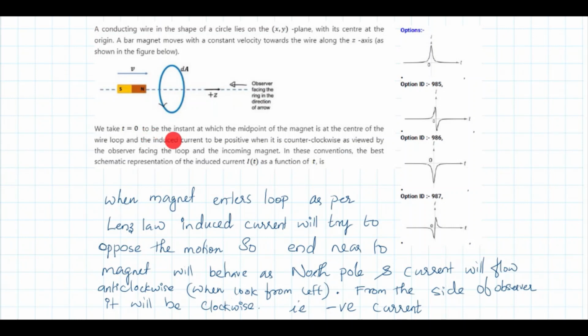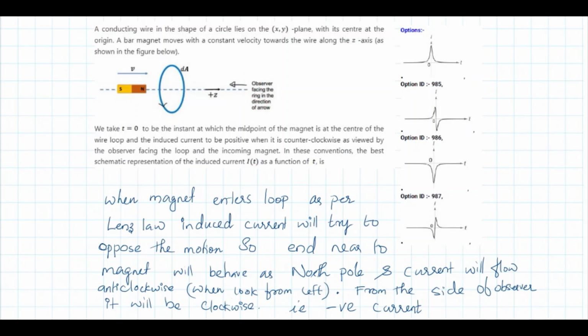We take t equal to 0 to be the instant at which the midpoint of the magnet is at the center of the wire loop. When the magnet's midpoint is at the center of the wire loop, the time is taken as 0. And the induced current is to be positive when it is counterclockwise as viewed by the observer facing the loop and the incoming magnet. So for an observer facing the loop and the incoming magnet, if current flows in the anti-clockwise direction like this, he will treat the current as positive.